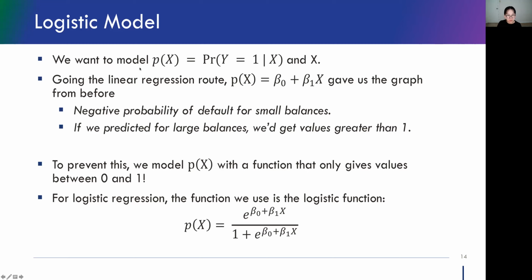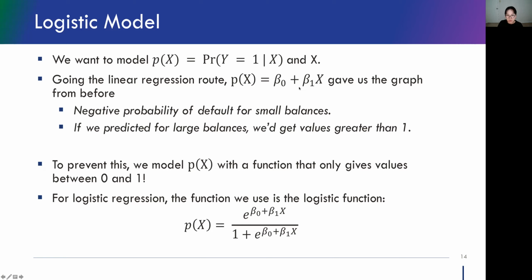Now we want to model this p(x), the probability where x is the balance if you think of that example. So that's your predictor. Which is actually the probability of y equal to 1 given this x value. So we want to model this probability. In going the linear regression route, we want this probability to be a linear line.